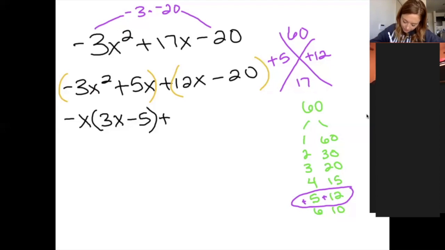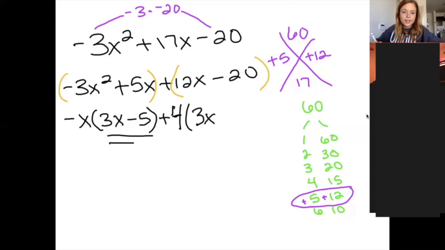All right, 4. And then 4 times what gets me to 12x? 3x. And remember, that's our goal, because we want to get that common binomial over there. Then 4 times what gets me to negative 20?